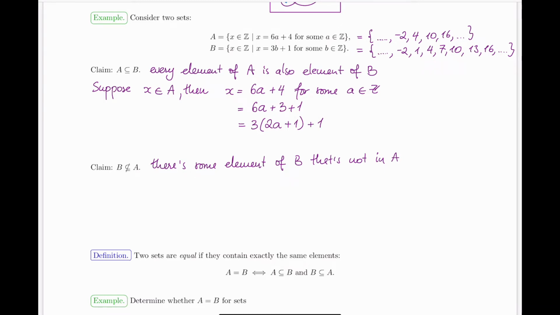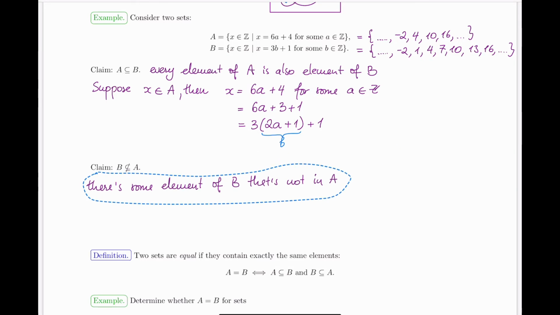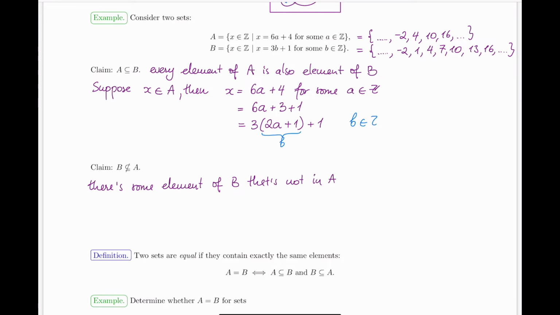Well, this is looking much better actually, because look, I can simply take this bracket and call it b. I'm simply going to relabel it because b in the definition of the set B is just some integer. If a is an integer, multiplying it by 2 and adding 1 will keep b as an integer as well.